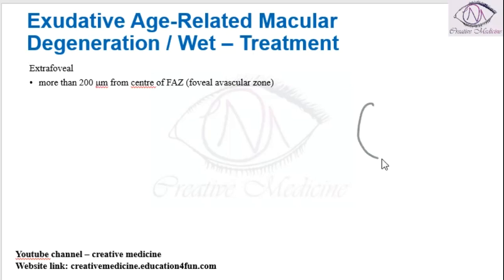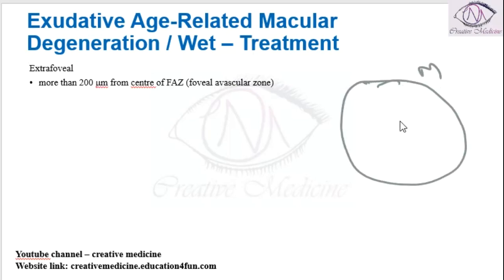So if this is the macula, in the macula we have the fovea. Inside the fovea, we have the foveola. Outside the foveola and inside the fovea, we have the foveal avascular zone.